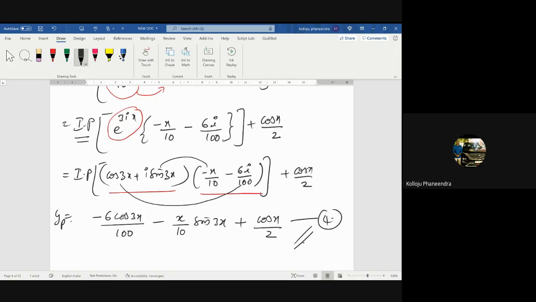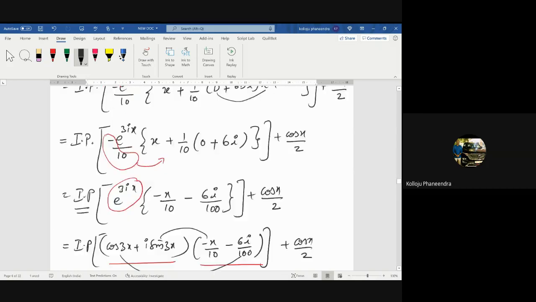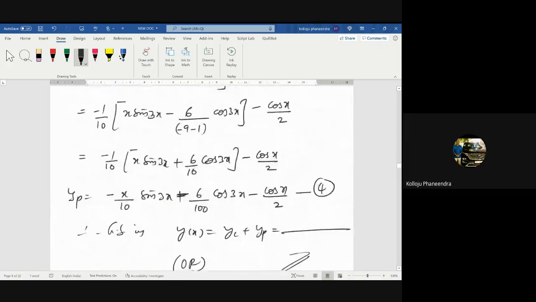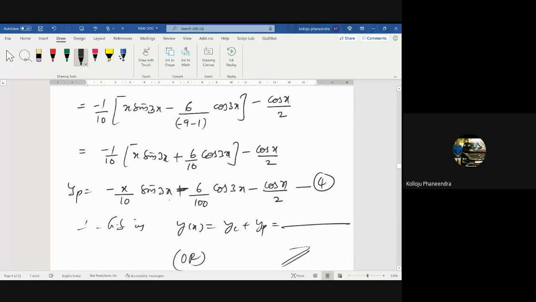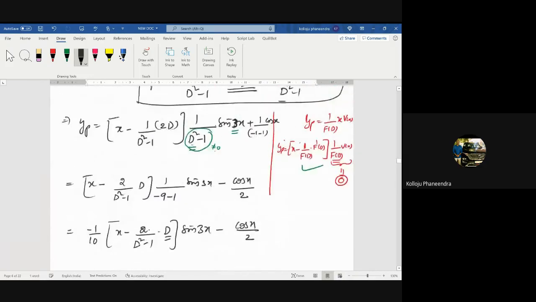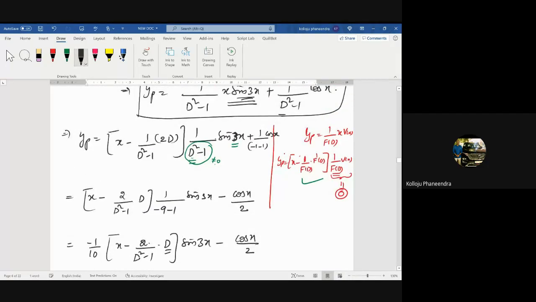Are both the same? Both are same, whatever we did with the other formula. Minus x by 10 sine 3x minus 6 by 100. Here I got minus; some mistake I did. This is plus cosine x.